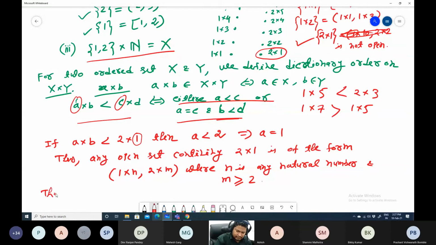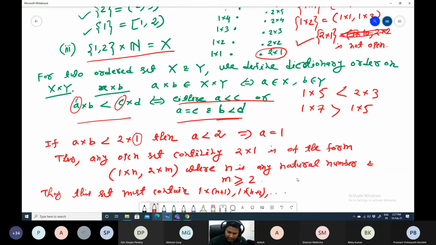So this set must contain (1, n+1), (1, n+2), everything. Therefore, that singleton (2, 1) is not open.